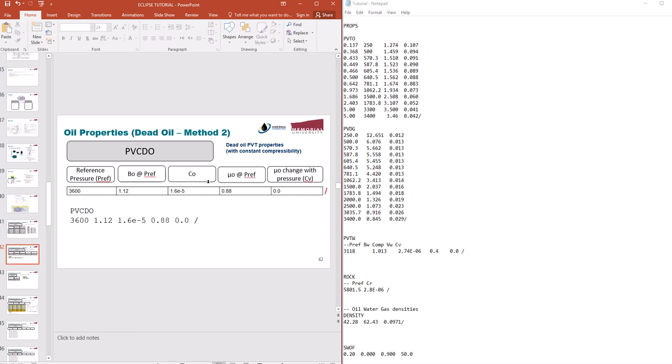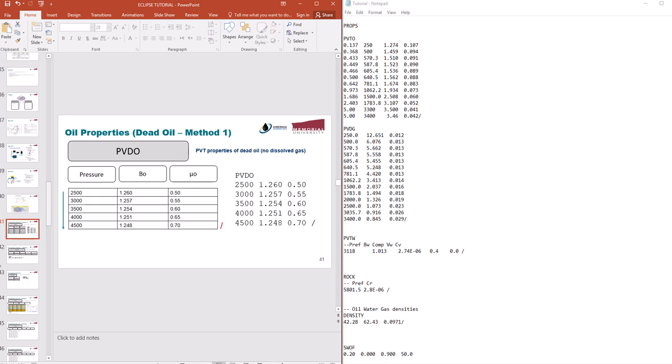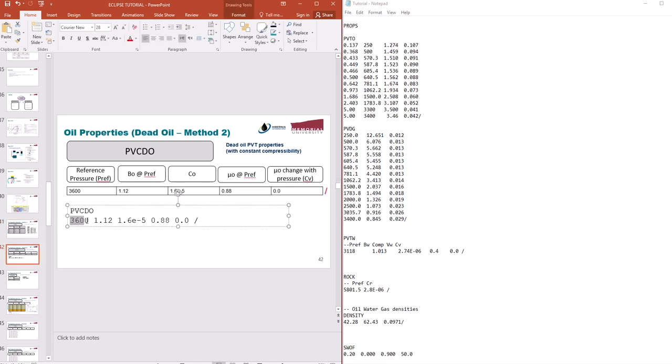It's very similar to CO as well, but for the viscosity. So if you want to use PVCDO instead of the PVDO keyword, you need to provide the reference pressure, the oil formation volume factor at the reference pressure, the compressibility of oil, the viscosity at the reference pressure, and how viscosity is changing with the pressure.